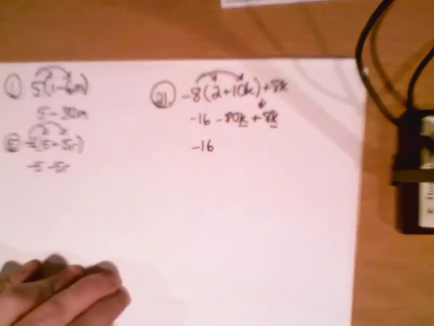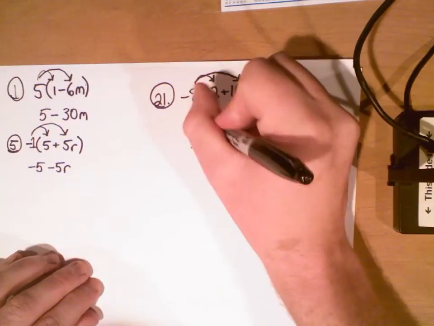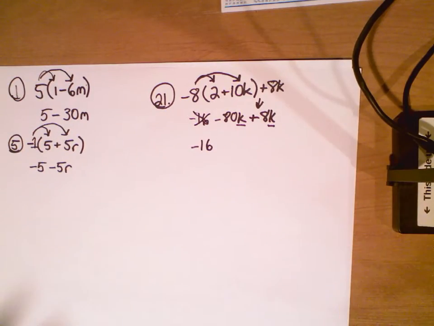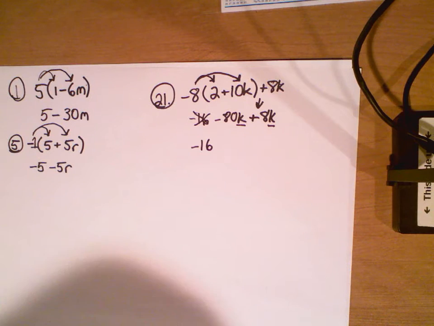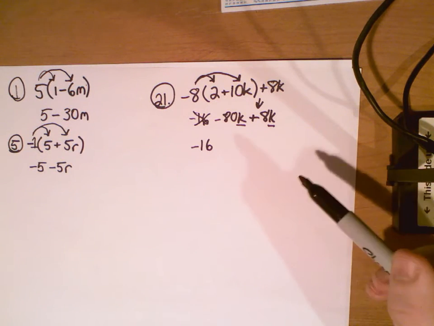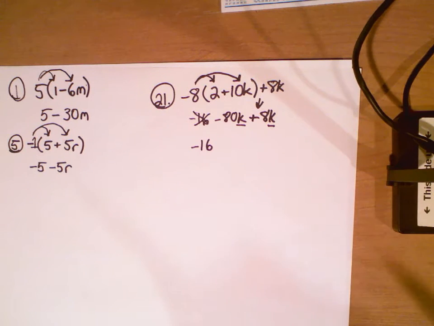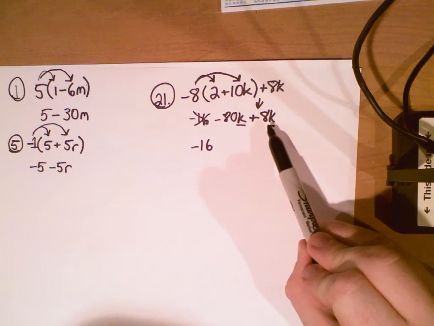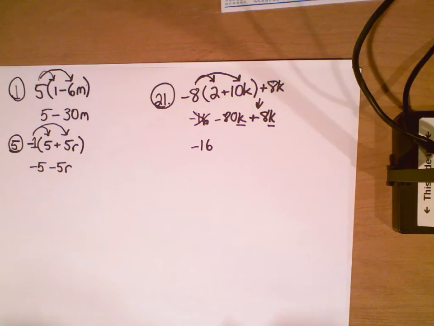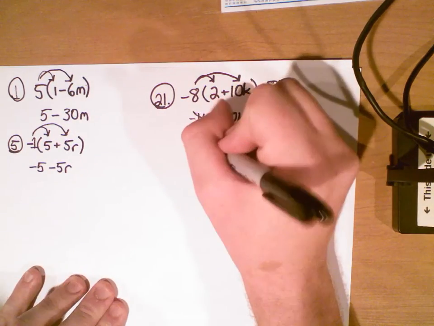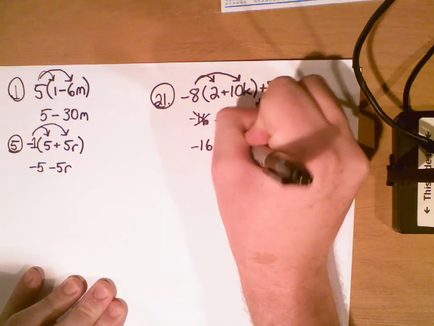Okay? Now, I'll even cross that out just to give myself some room to breathe. Now I have a negative 80k plus 8. If it's a negative 80k, I'm still going down the number line. It's been a while, guys. So if I'm way down the number line and I'm adding 8 to it, my math would be negative 72k.